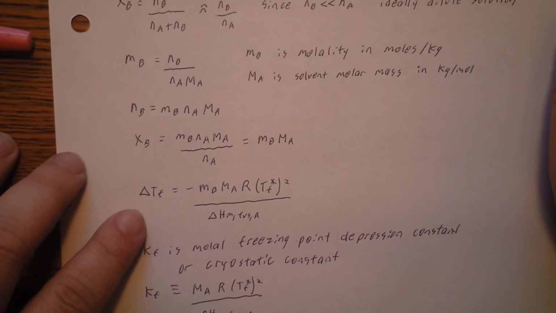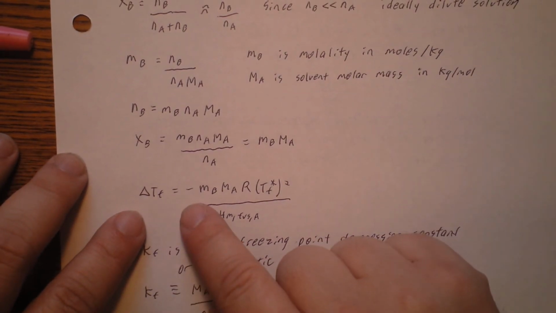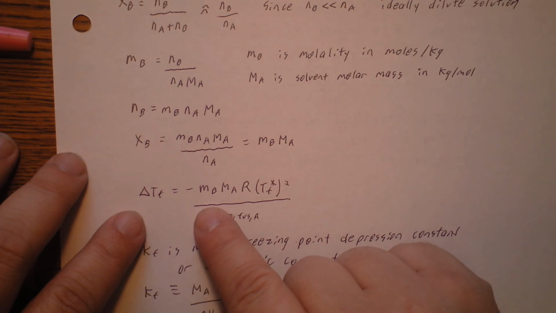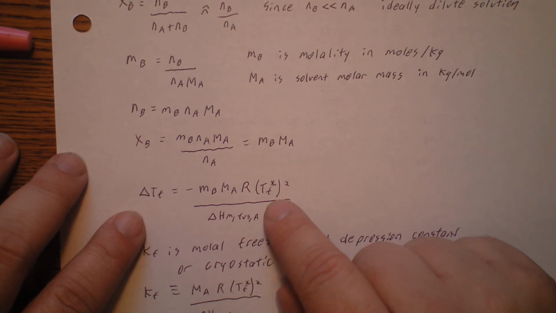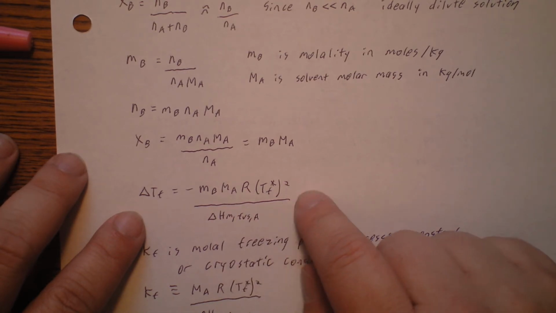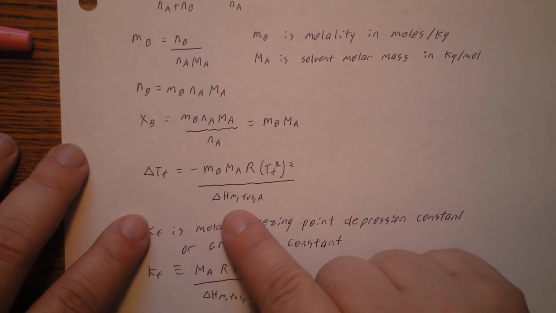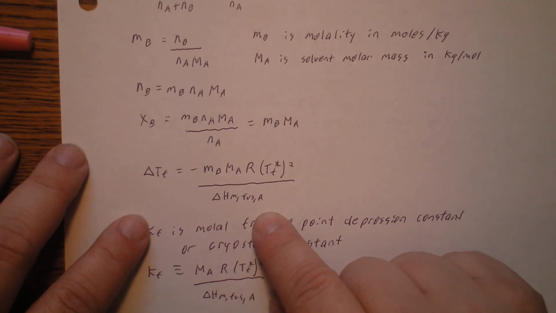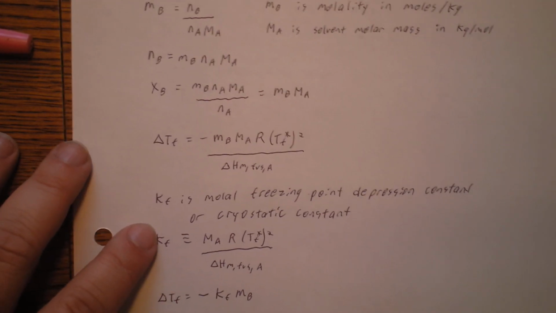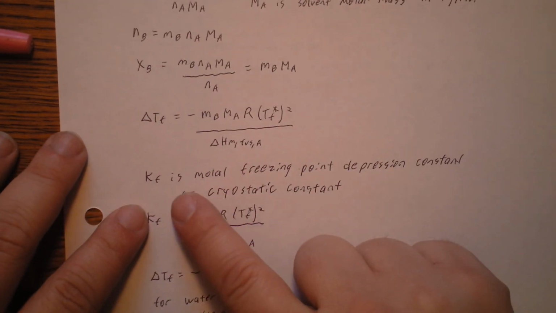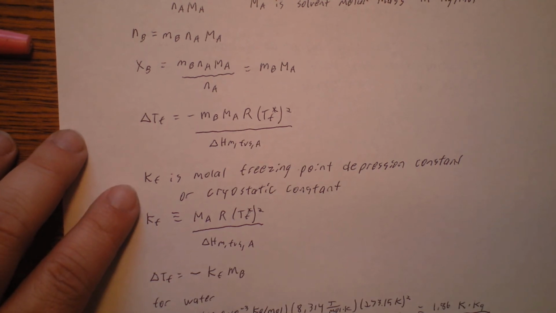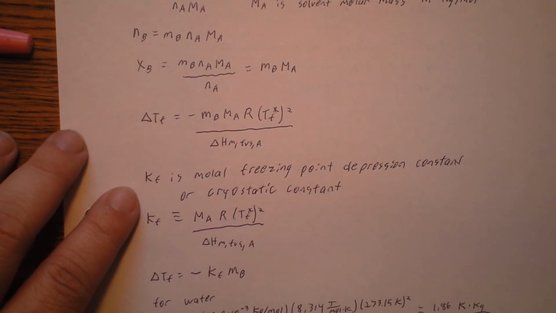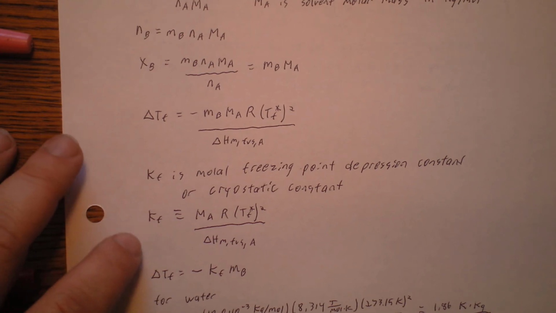Now the change in freezing point temperature is going to be equal to minus the molality of substance B times the molar mass of substance A times R times the freezing point temperature of the pure substance squared divided by the change in the molar enthalpy of fusion of substance A. Now, we're going to say Kf is the molal freezing point depression constant, also known as the cryostatic constant.